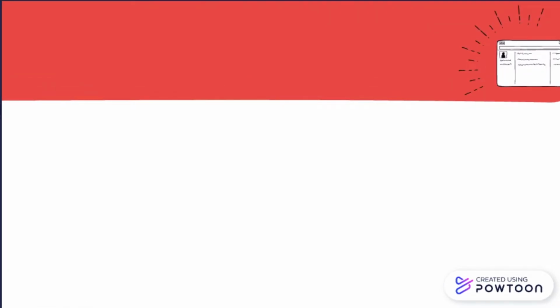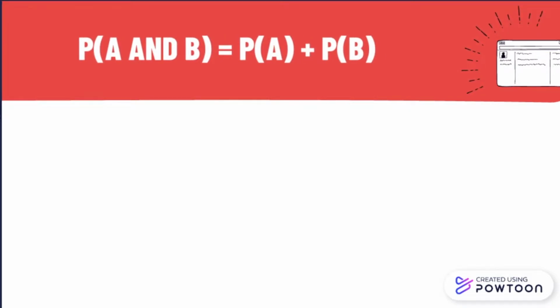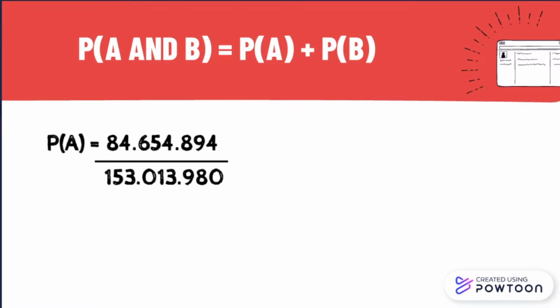To solve this question, we have to use the special rule of addition formula: P(A or B) = P(A) + P(B). To get P(A), we divide the number of votes for the first candidates, Joko Widodo and Maruf Amin, by the total number of votes for presidential and vice presidential candidates in Indonesia.